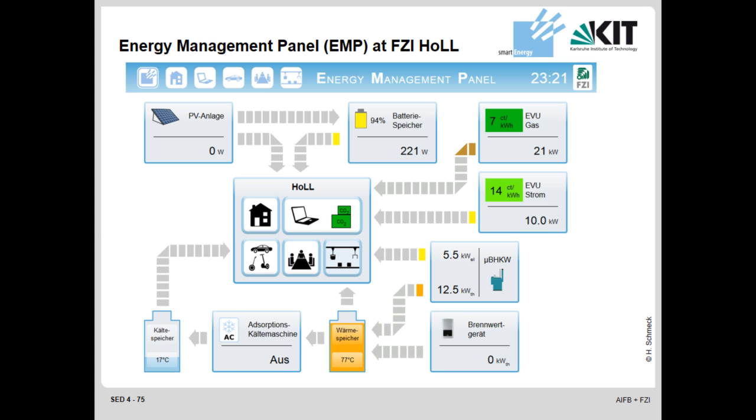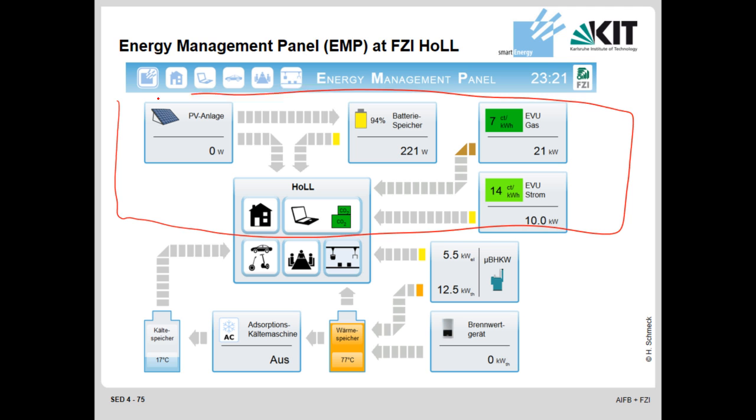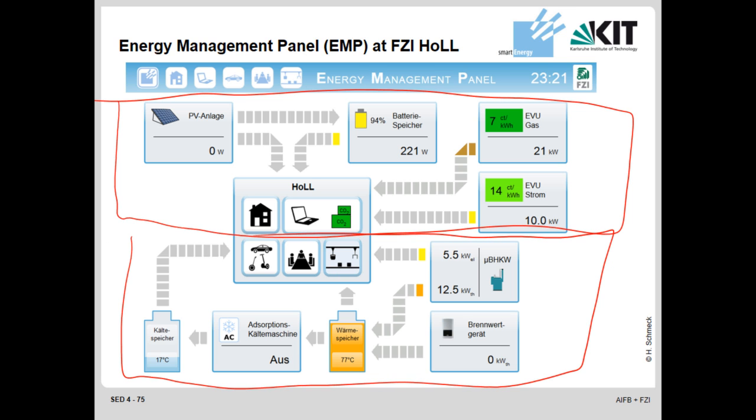We also redesigned our energy management panel. I could also go into the detailed menus here. I will do that when we are visiting the House of Living Labs. And so what you see is that on the top part we have the electricity related menus, and here we have the thermal menus on that part.